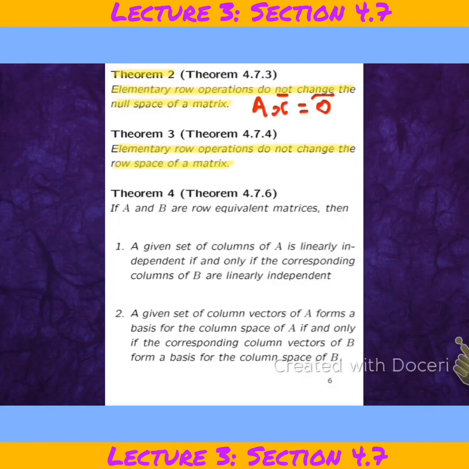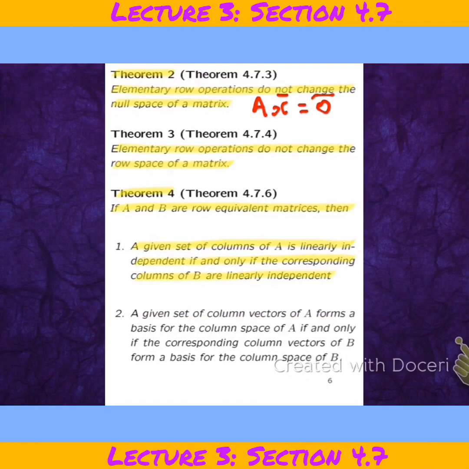All right, so that brings us to Theorem 4, which says that if A and B are row equivalent matrices, then number one, a given set of columns of A is linearly independent if and only if the corresponding columns of the matrix B are linearly independent.